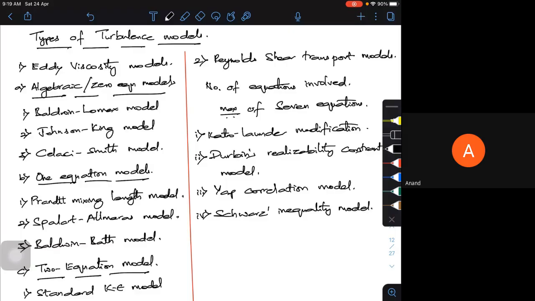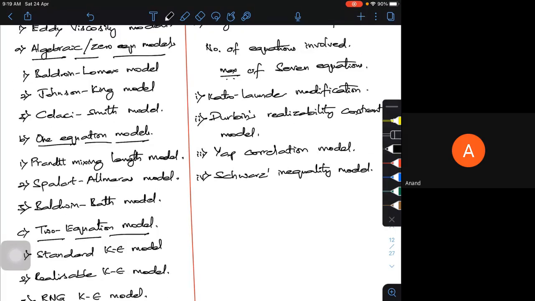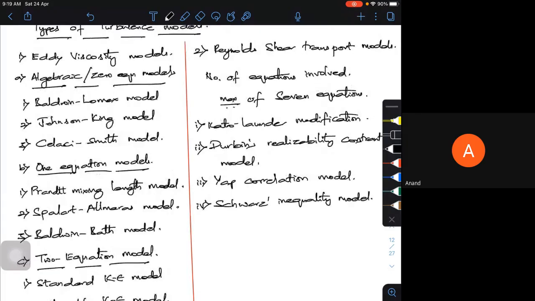Say I want to take up a problem where a good amount of computational power is available, and at the same time I need to solve more equations. Under these conditions, I can use any of these 4 different models. Okay.